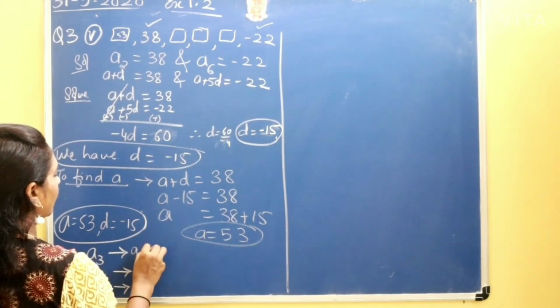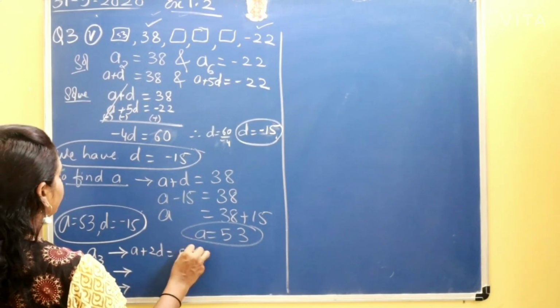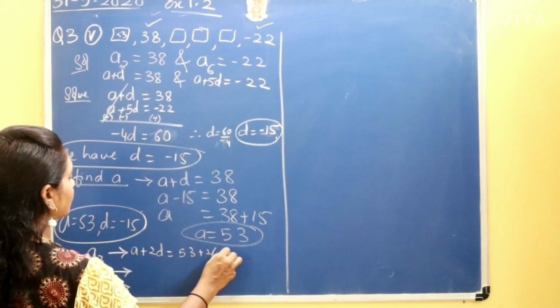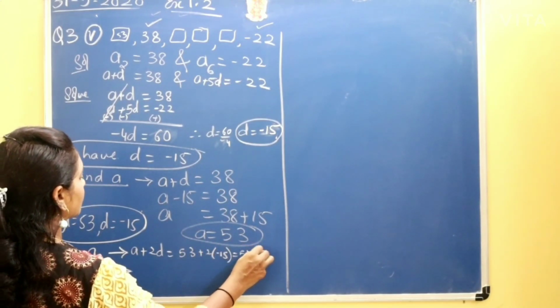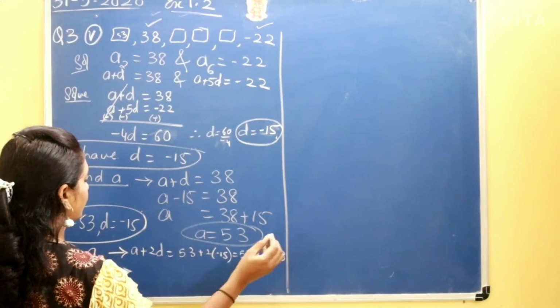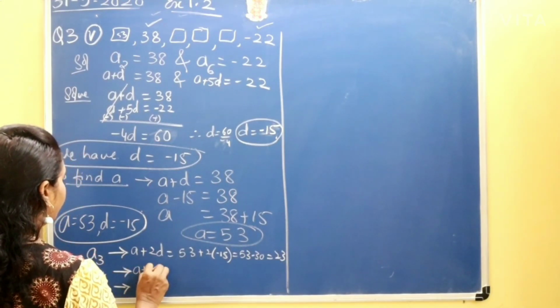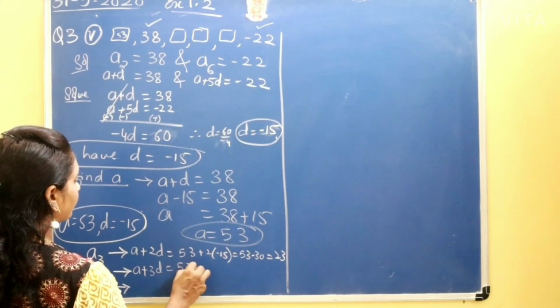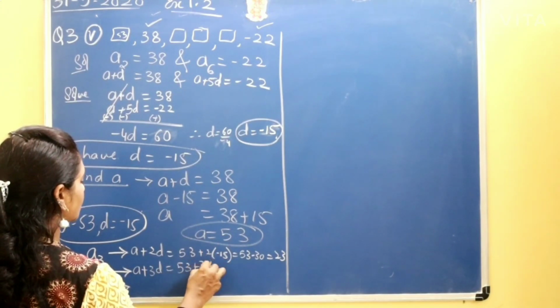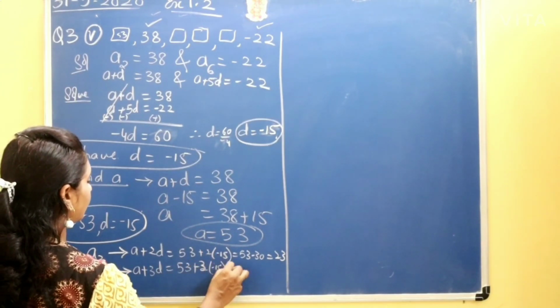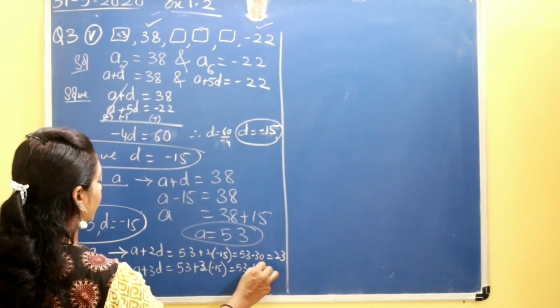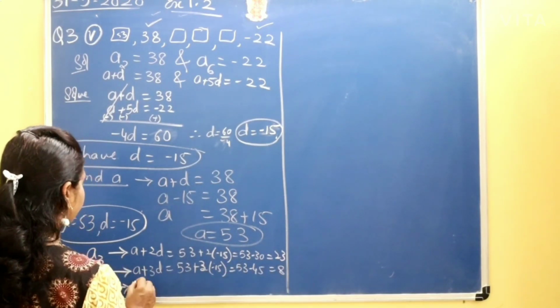A3 is A plus 2D, 53 plus 2 into -15, 53 minus 30 will give you 23. A plus 3D, 53 plus 3 into -15, 53 minus 45 will give you plus 8.